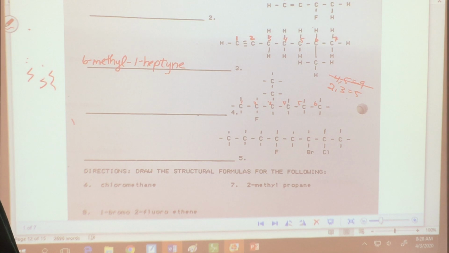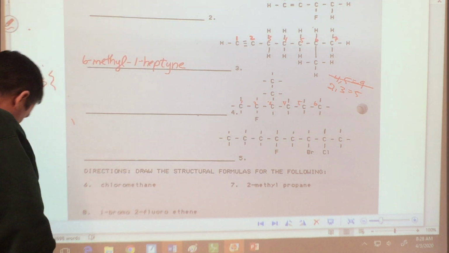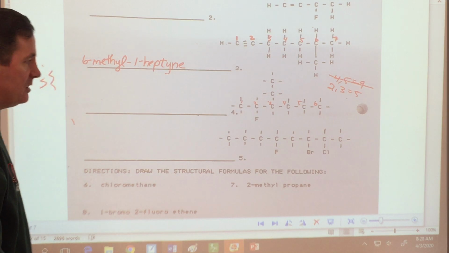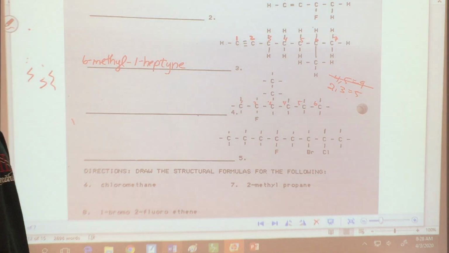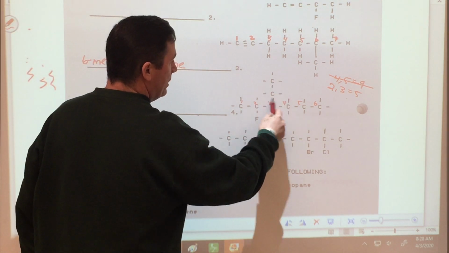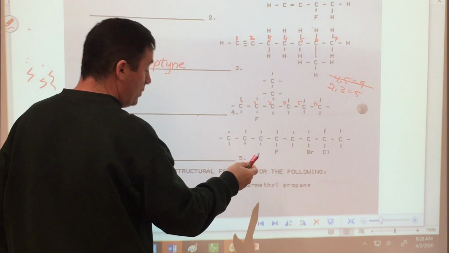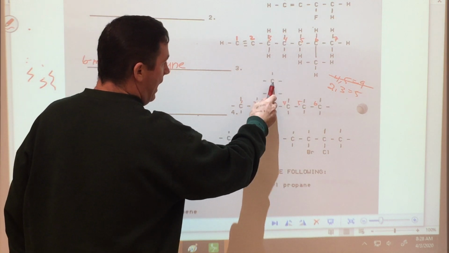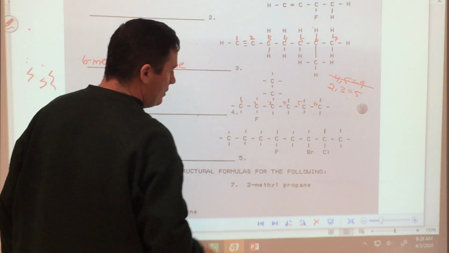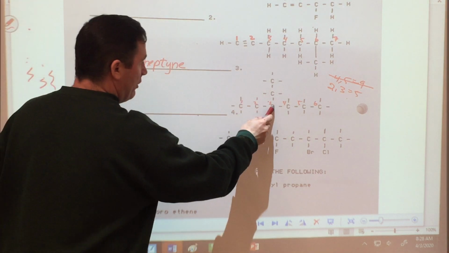Now, how do I name it? Remember, if I've got substituent groups, I have to name it according to the alphabetical law. So this is a 2-carbon substituent, not easy to say. This is ethyl. This one is fluoro. E comes before F, so I'm going to name this one first.